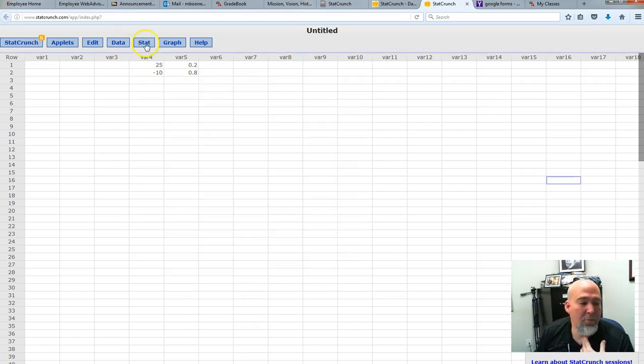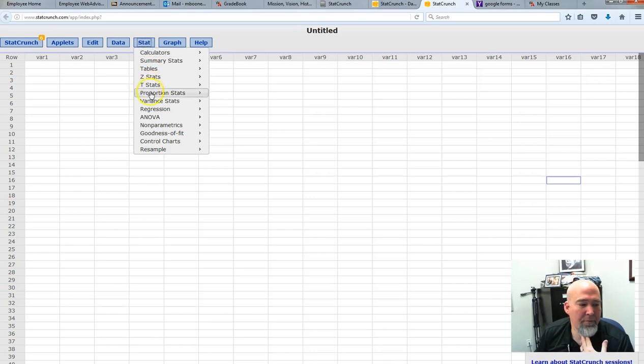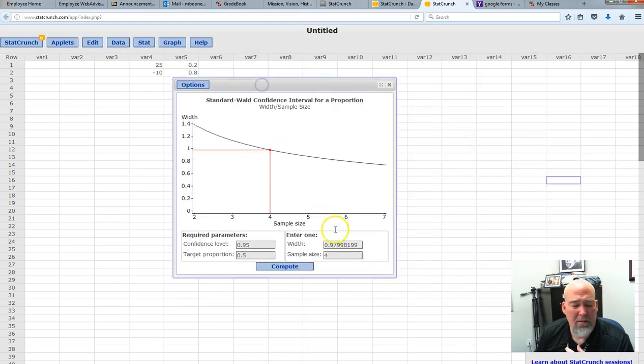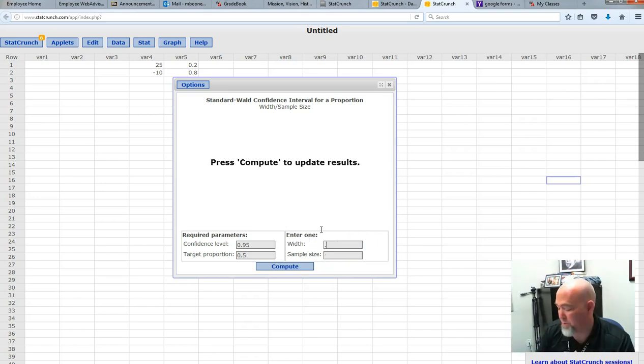Same thing with proportions. If I go to proportion stats, one sample, width, if I'm looking at plus or minus 3%, a lot of times polls will always have that little tag in there. That width for plus or minus 3% would be 0.06. Let's say it's believed to be about 60%. I want to be 95% confident that I'm capturing the true population proportion.